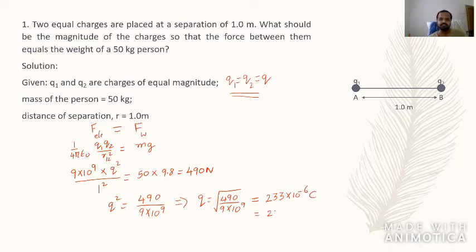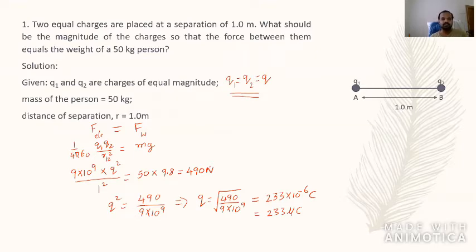That is, when I have two charges of 236 microcoulomb, the electrostatic force between the two equal charges is equal to 490 Newton, which is nothing but the weight of the person. Okay. So this is about your first problem.